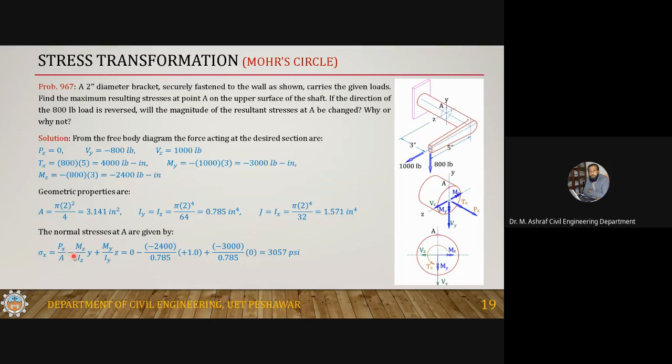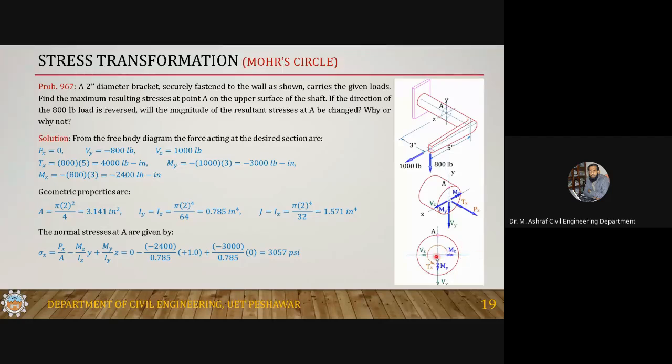So just plug in the values. Sigma x is equal to Px over A minus Mz over Iz into y. There is a negative sign here but a positive sign there. So Px is 0, minus Mz is minus 24,000, over 0.785, plus 1.